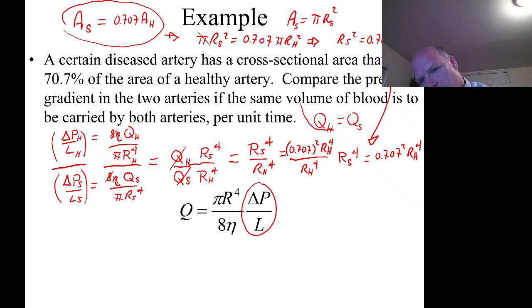I'm going to just draw a line here to show this. Okay, so then we can cancel those. And that's equal to, what's 0.707 squared? That's equal to 0.5. Now, I'm going to write this down because I know that it's 1 over 0.5, so it's 2. So that's the answer.